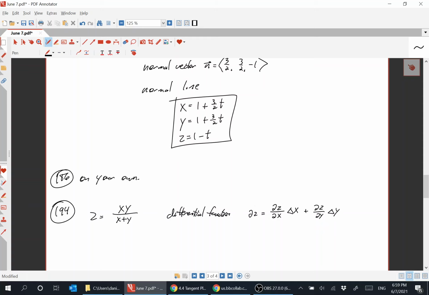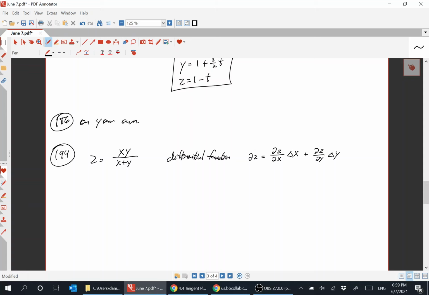So the tangent plane change in z is partial z with respect to x, delta x, plus partial z with respect to y, delta y. The actual change in z is when you take the value of z and you tweak x and y by the delta x and delta y.